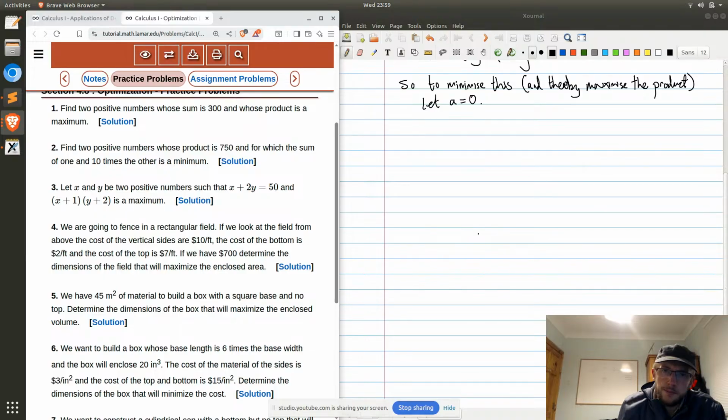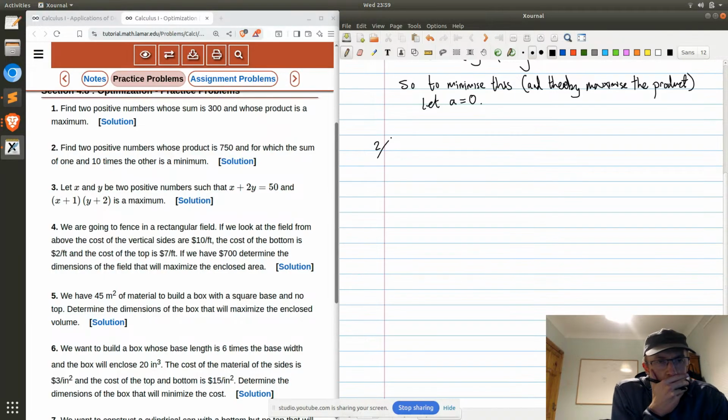All right. Find the two positive numbers whose product is 750 and for which the sum of one and 10 times the other is a minimum. Okay, so xy equals 750.